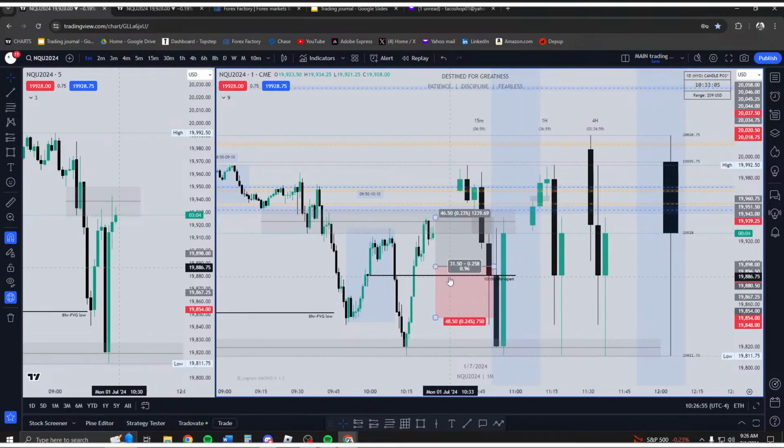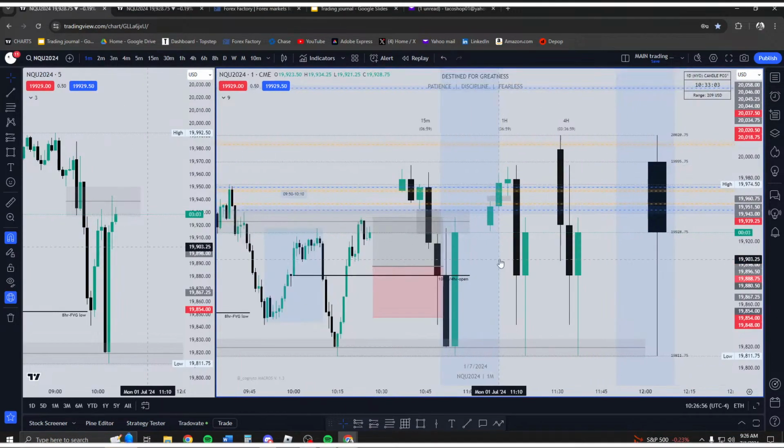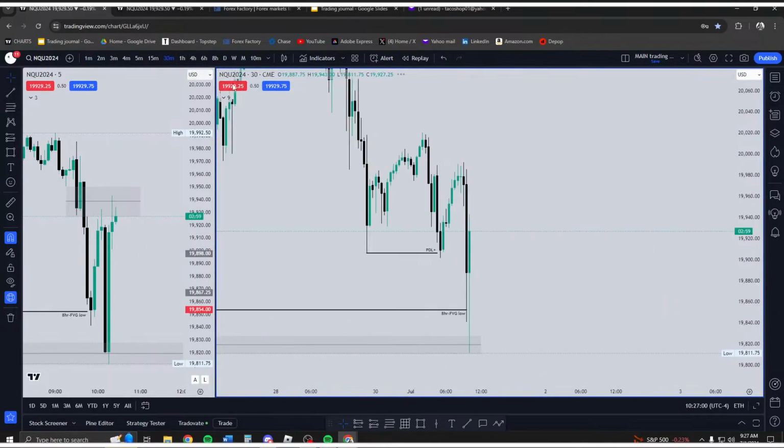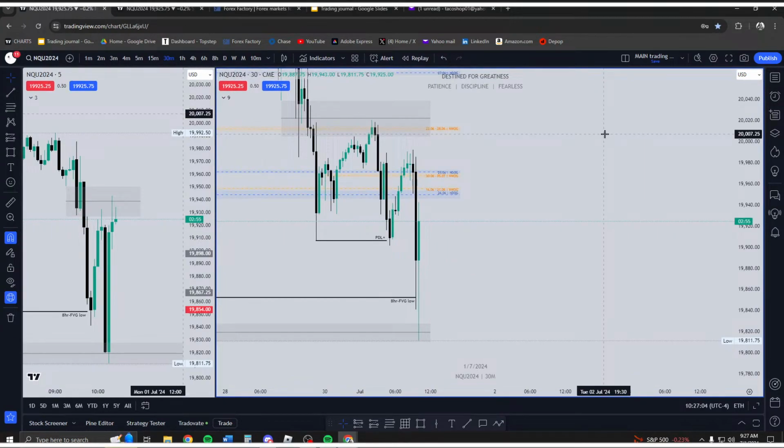All right, so about 3 minutes left on this 30-minute candle.